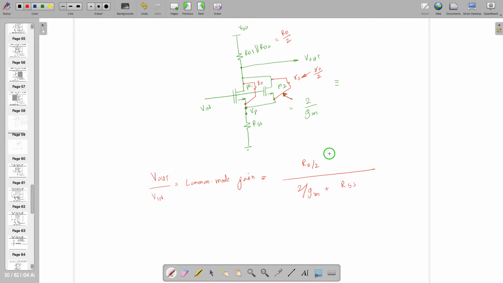However, if you are interested in keeping the values in shunt, you can keep those things also. I'm leaving it up to you. So that's the common mode gain. If there is no channel length modulation, this is the common mode gain, right?